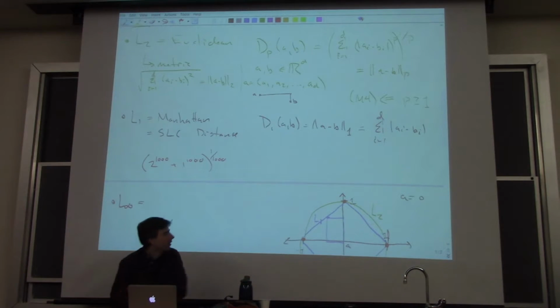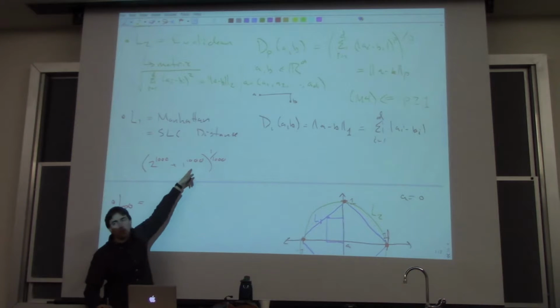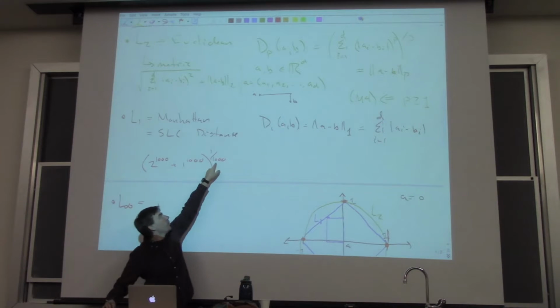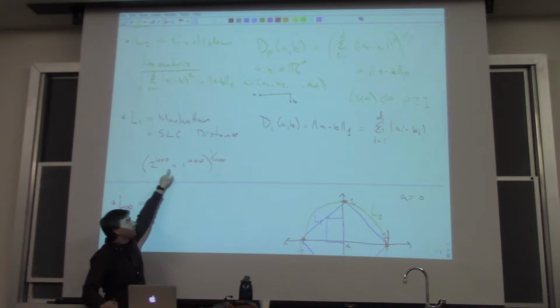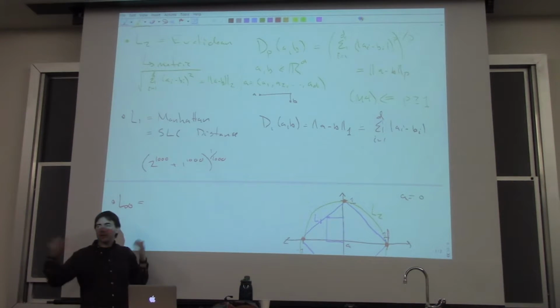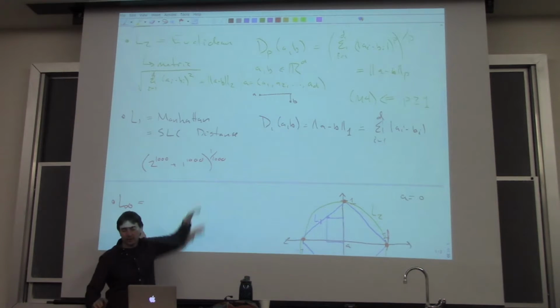Right? So this is still 1, and this is enormous, super huge. But then I'm going to take the 1 over 1,000 power again, and this one will basically come back down, and this one is just going to be noise. As 1,000 gets bigger and bigger, eventually this one doesn't mean anything at all.